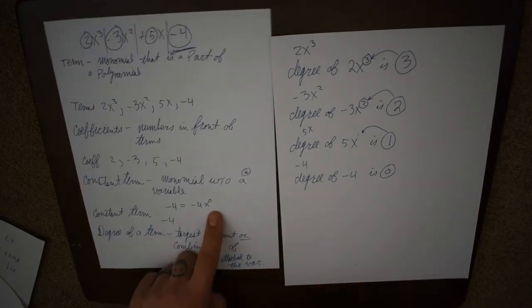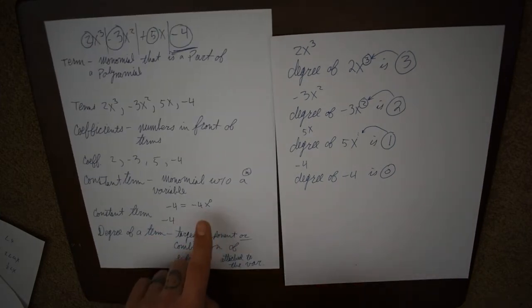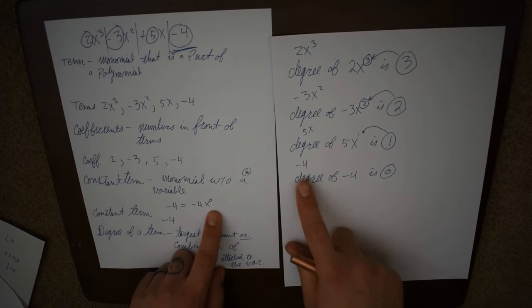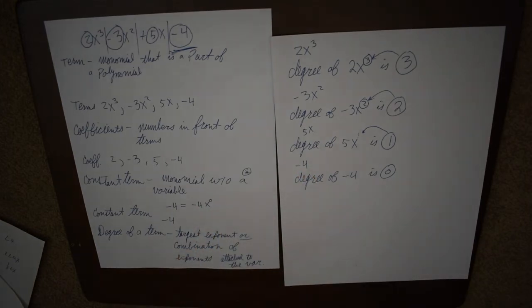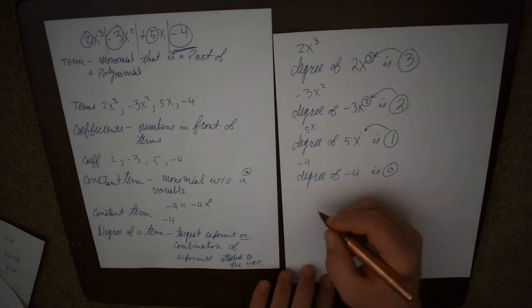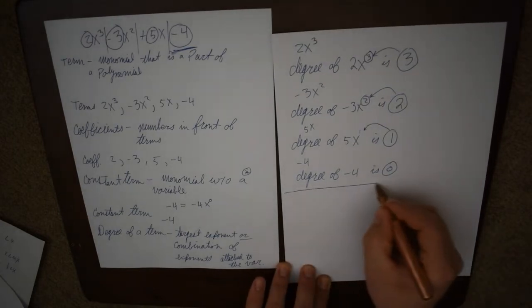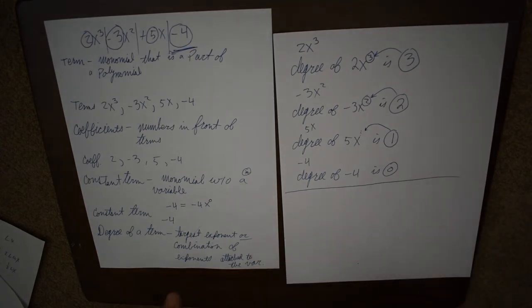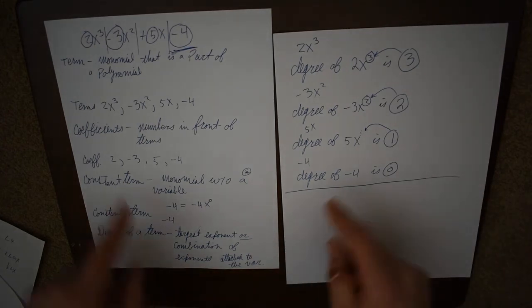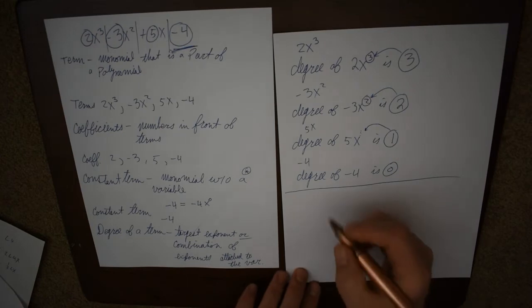So since the largest exponent in this monomial is 0, the degree of negative 4 is just 0.